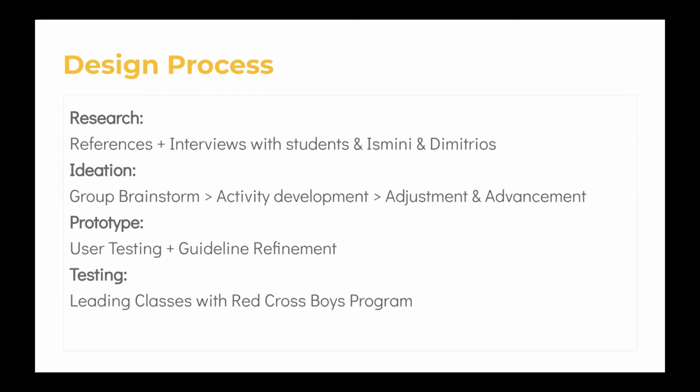We do group brainstorming, then we develop the activities, and then we come up with prototypes to test. From those tests, we adjust and improve the guidelines. Finally, we test the prototypes with the class with the Red Cross programs, and we found even more areas to improve. Then we would go back to brainstorming. So it's like a loop.